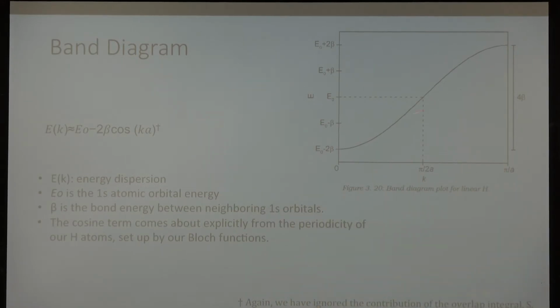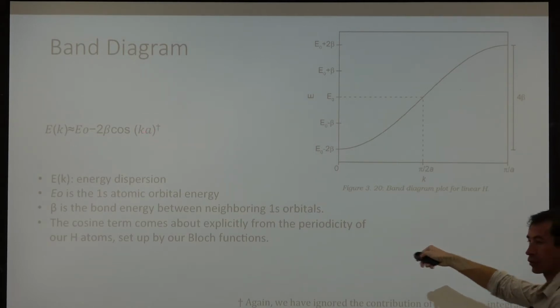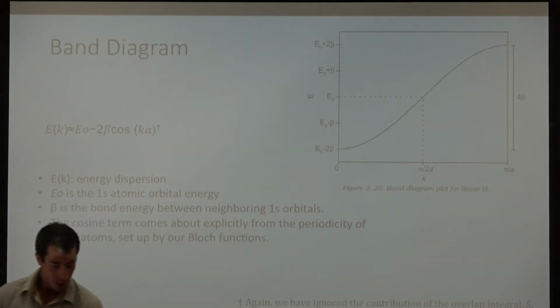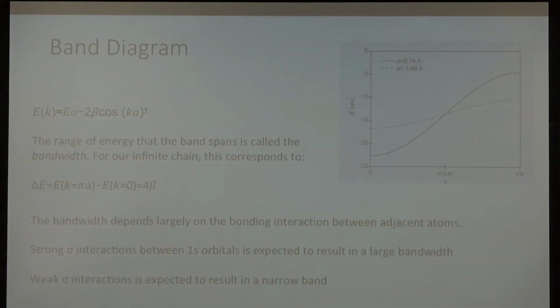So energy as a function of these k's. At this point this entire term drops to 0, because the cosine of pi over 2 is 0.